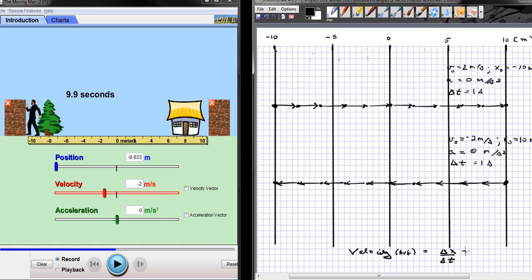And so in typical units that we would use, that would be meters per second. And so in the top case, where the displacement is in a positive direction, the velocity is in a positive direction. And in the bottom case, where the displacements are in a negative direction, the velocity is in a negative direction. So one really important thing to remember here is that velocity and displacement are always in the same direction.